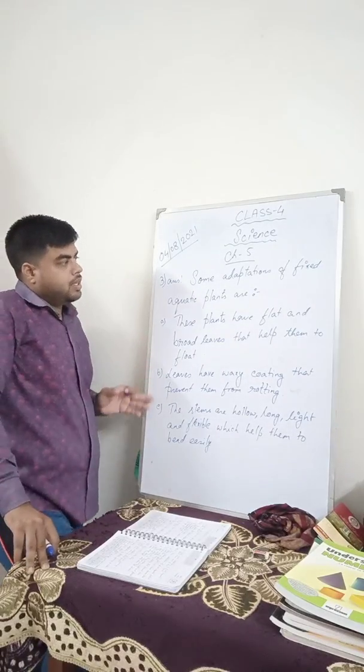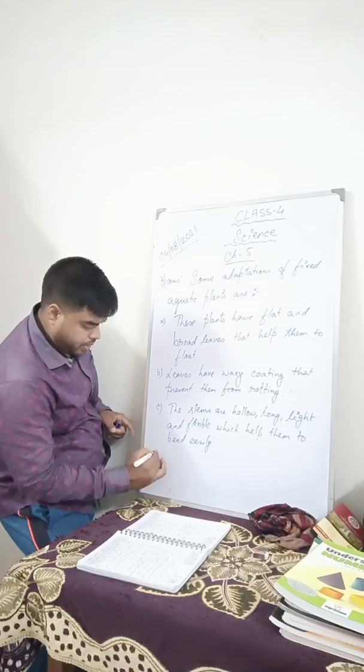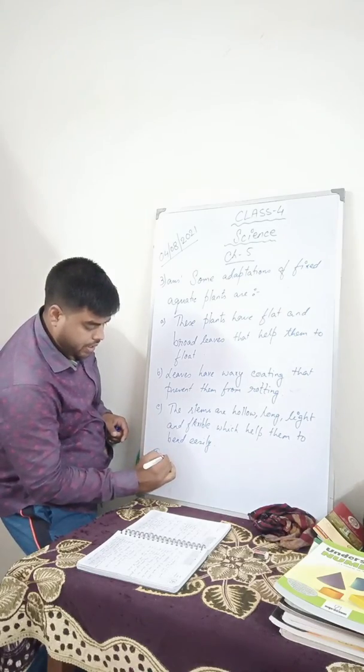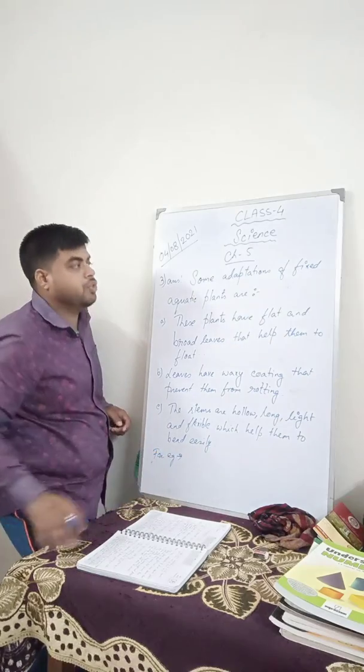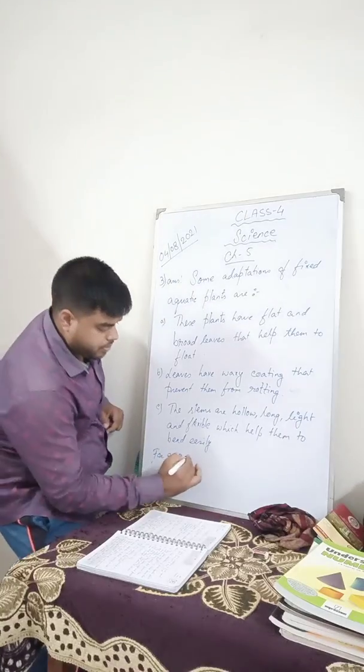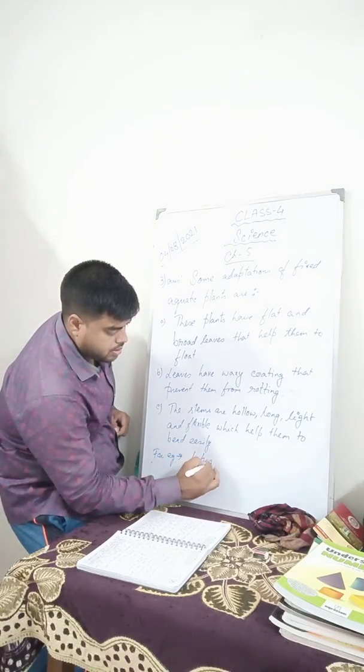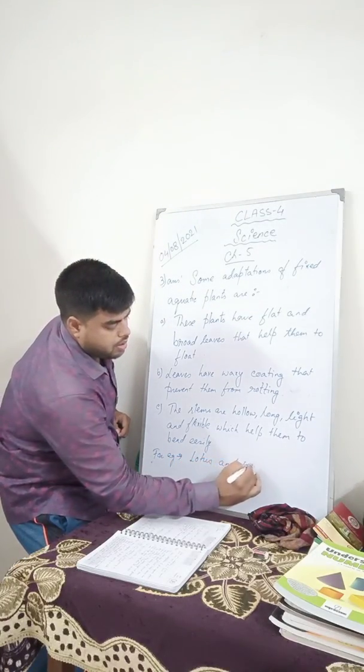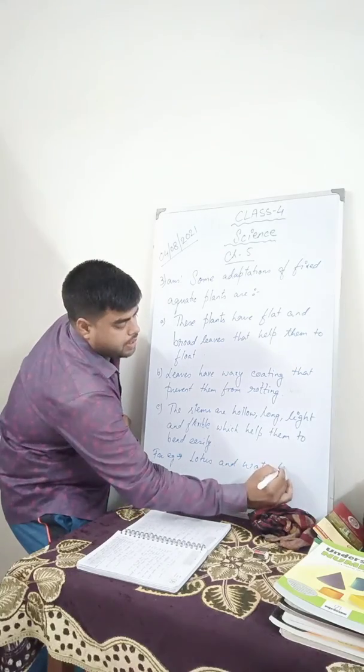Then these are adaptations, and we will write only 4 adaptations. For example, they have asked you few fixed aquatic plants, for example lotus and water lily.